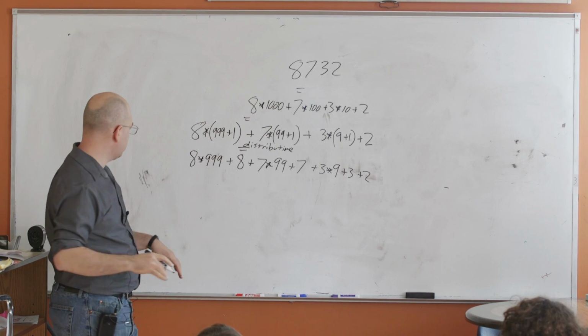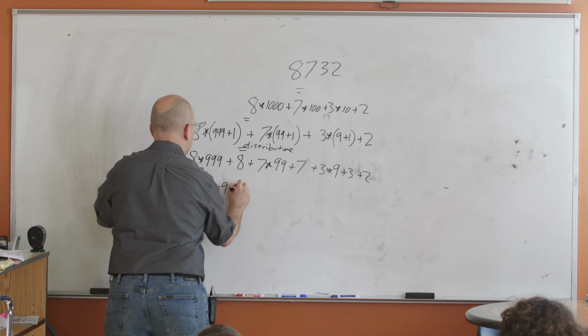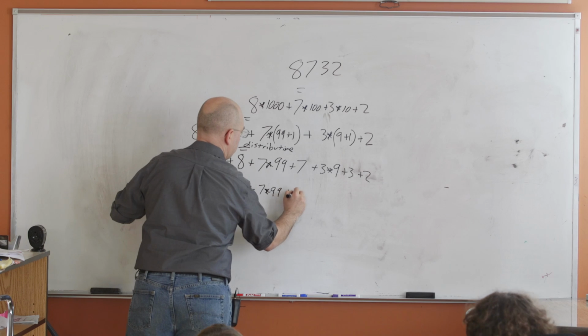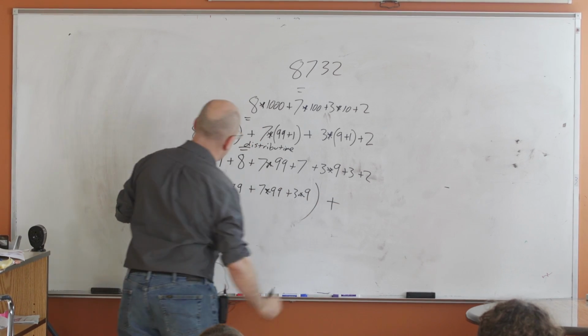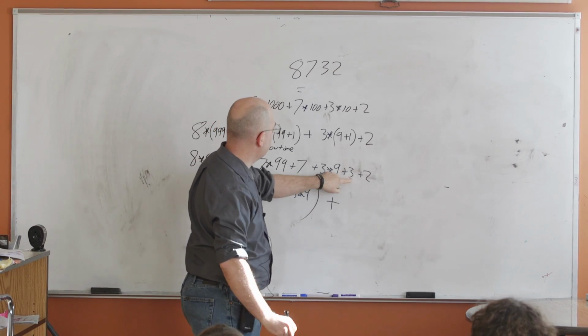Now I rearrange some terms: 8 times 999 plus 7 times 99 plus 3 times 9, and then 8 plus 7 plus 3 plus 2.